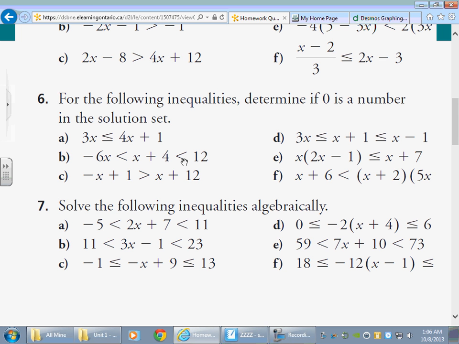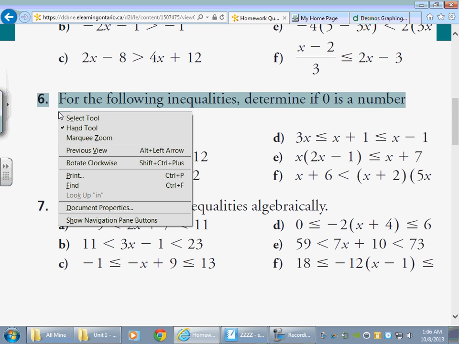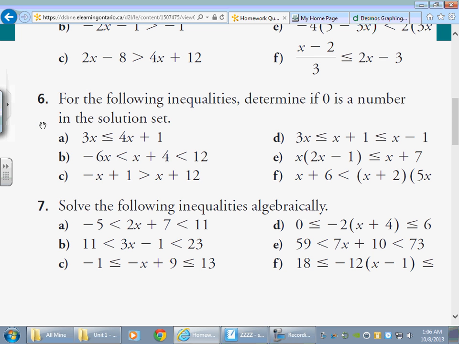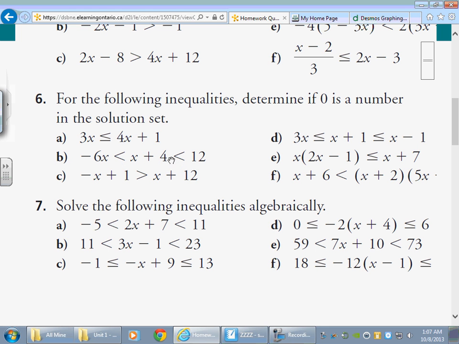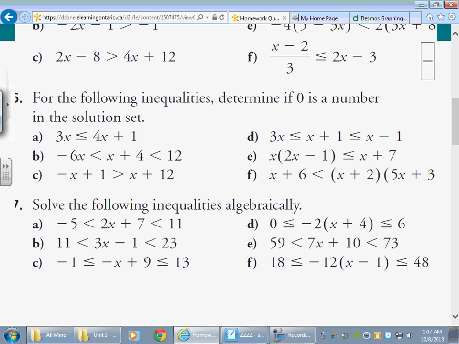But what we want to recognize is what the question is asking us to do. It says, for the following inequalities, determine if 0 is a number in the solution set. So really what it's asking is, if I put 0 in for the various x's in any one of the questions, does the statement hold true?